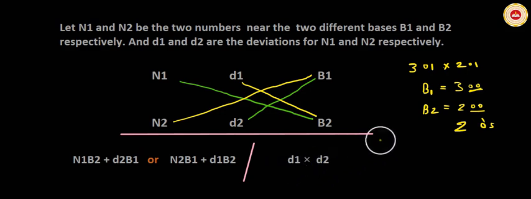I repeat, count the number of common zeros which are cancelled in b1 and b2. How many common zeros are cancelled? 2. It means that you need to have 2 digits in the right part.